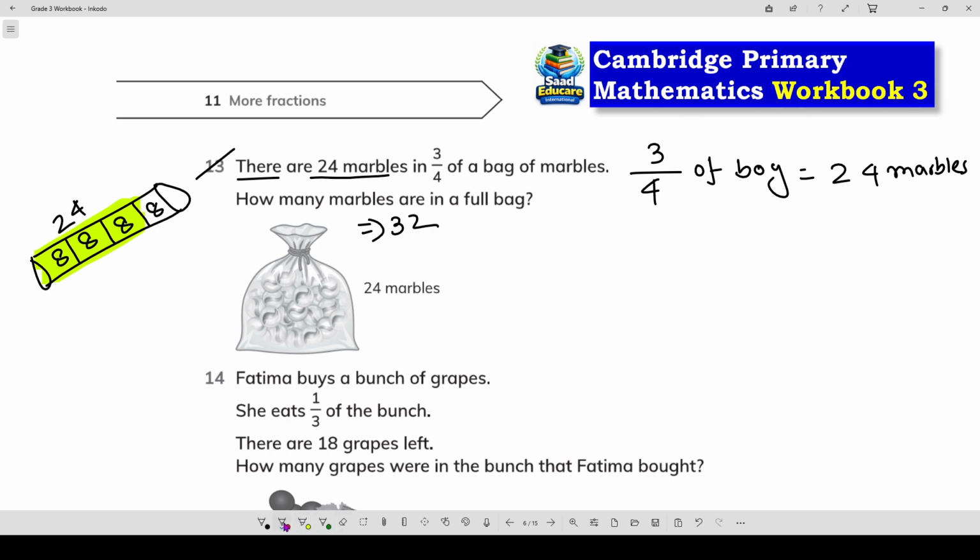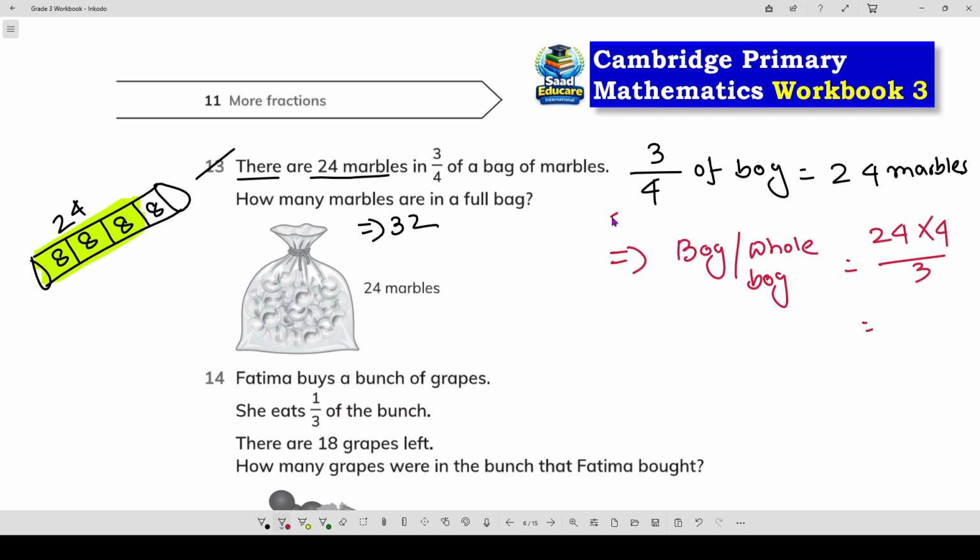Now let's say 3 by 4 of the bag is 24. So we can say the whole bag equals 24 times 4 divided by 3.